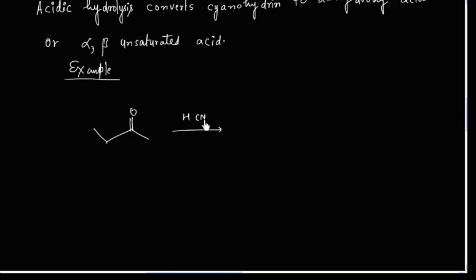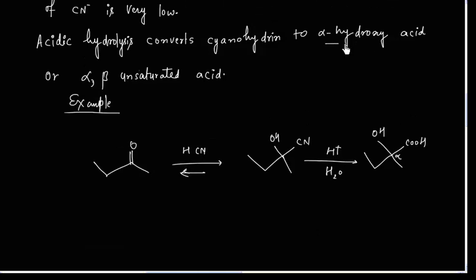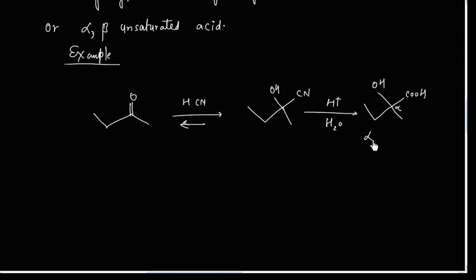For example, this reacts with HCN to give cyanohydrin, and this cyanohydrin is hydrolyzed. This will give an acid. So this is an alpha hydroxy acid, because at the alpha position we have an OH group.